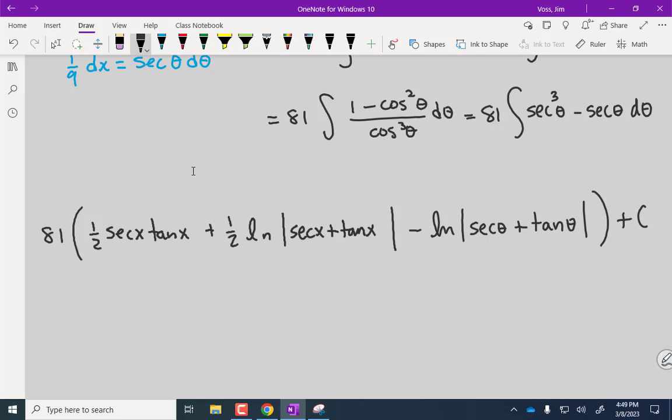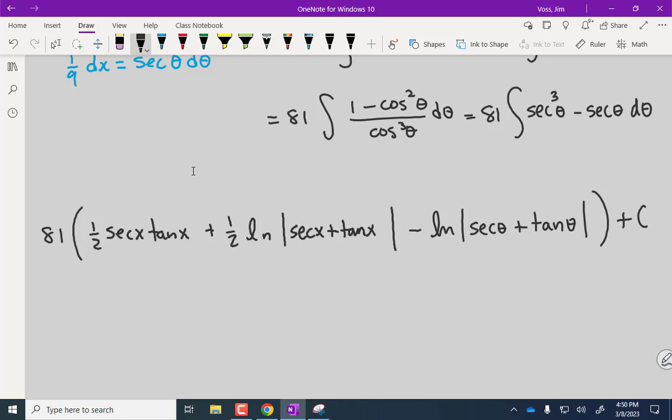It looks like we just use a pretty clever log trick here, right? I mean, there's a sec plus tan in both of those things. Oh, I guess we don't need a log trick. We just need to know how to add like terms. We have 1/2 log of sec plus tan and minus 1 log of sec plus tan.